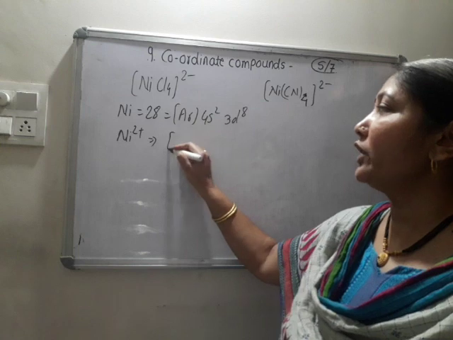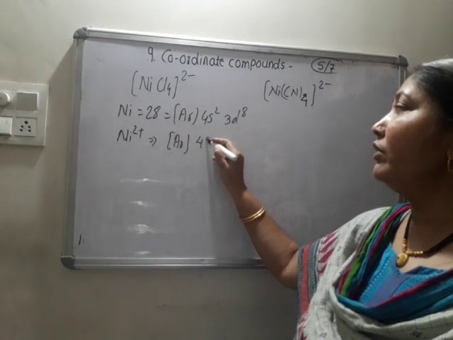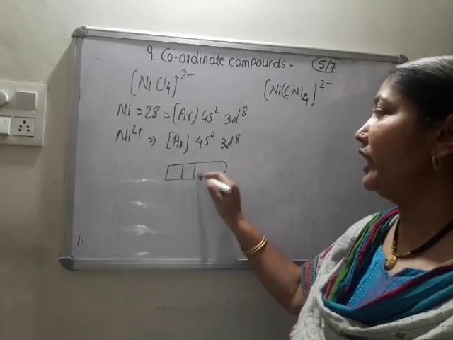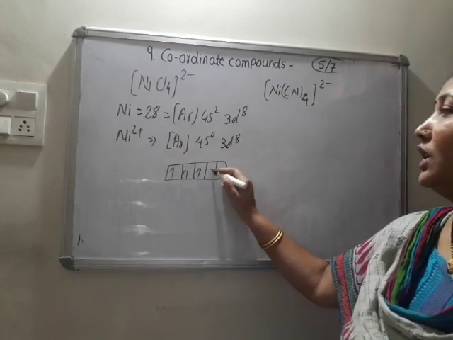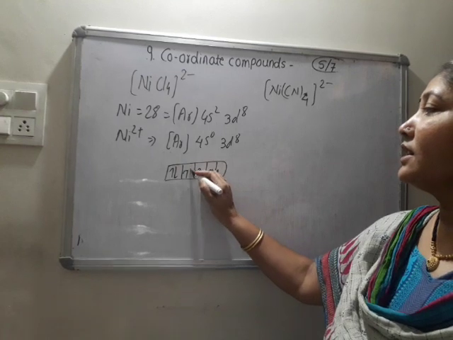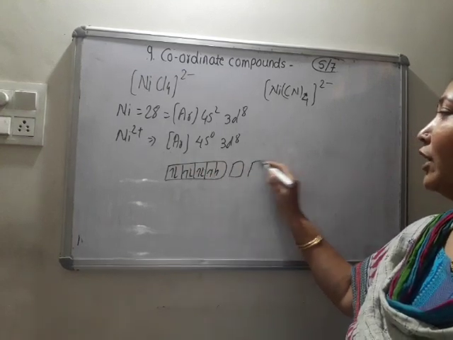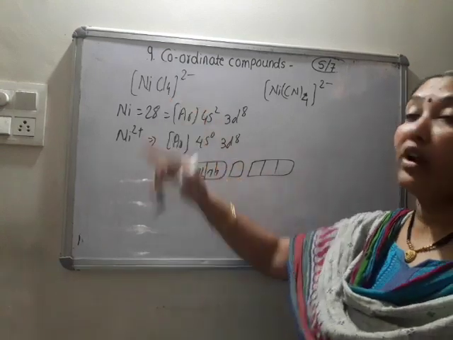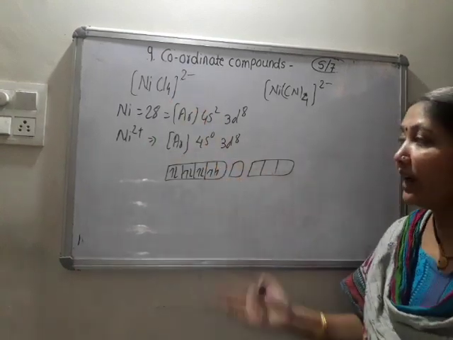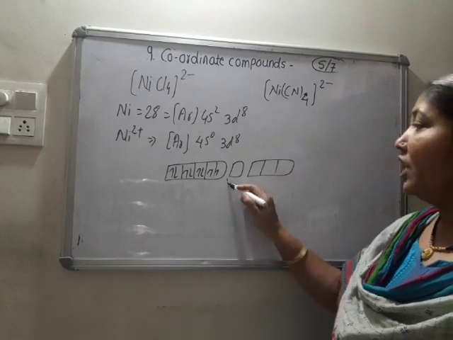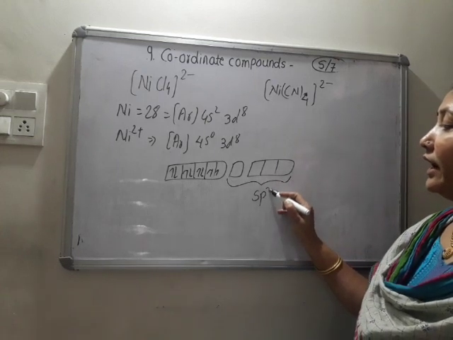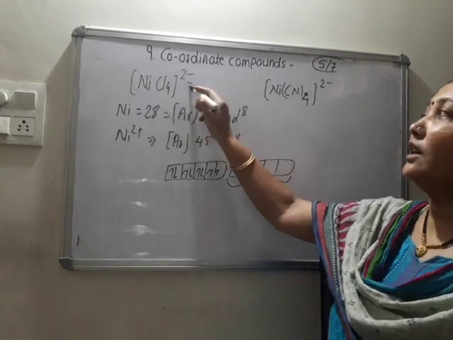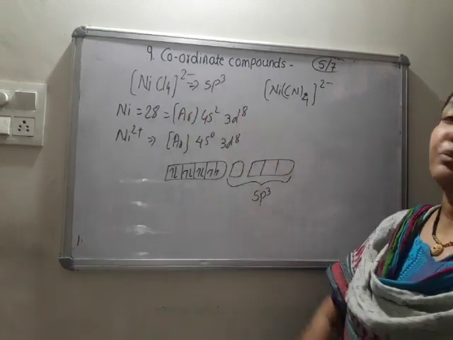It loses 2 electrons, so it is argon 4s0 3d8. So how do we write 3d8? See, 1 2 3 4 5 6 7 and 8. The s is empty and here this p orbital. Now we want 4 empty orbitals. Chlorine is a weak ligand, so pairing is not possible. So this undergoes sp3 hybridization. Clear? So this [NiCl4]2- is sp3 hybridized.